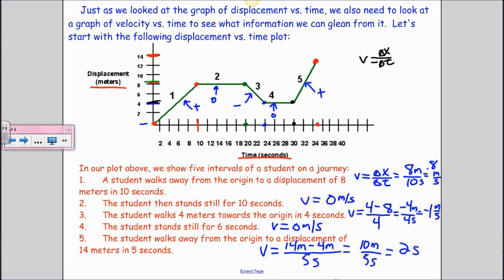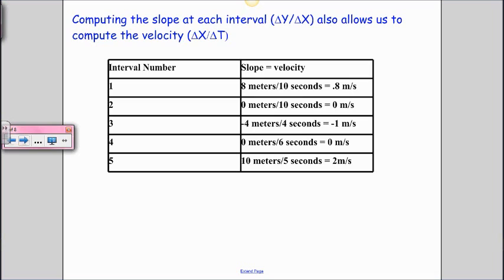So let's double check our numbers here. For part 1, 0.8 meters per second, part 2, 0, part 3, -1, and the negative is really important. Part 4, 0, and part 5, 2. Ta-da! So now that we have all of this information for velocity, what do we do with it to make a velocity versus time graph?